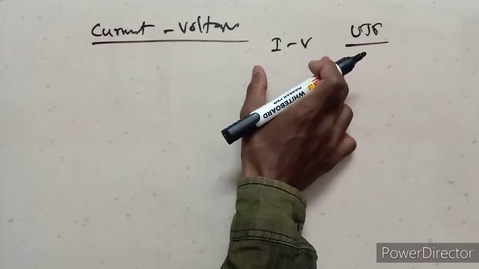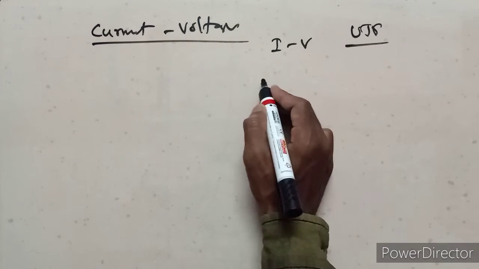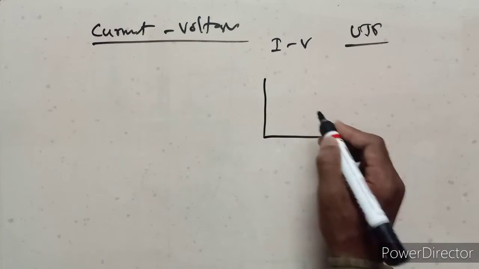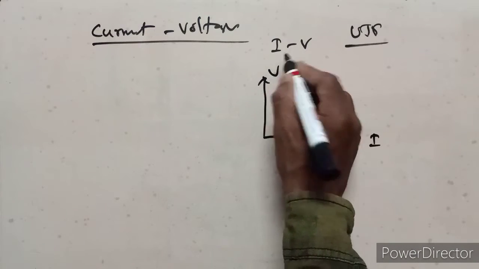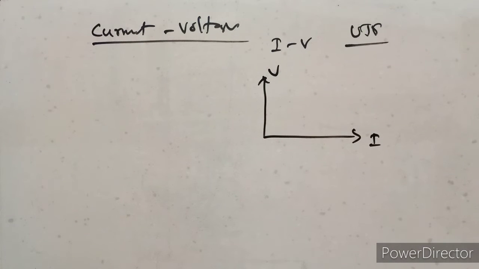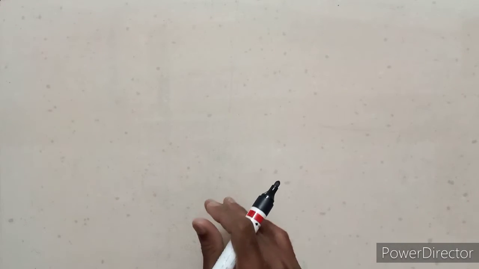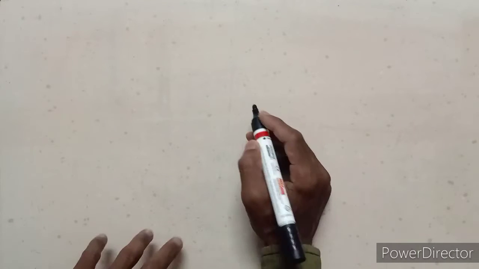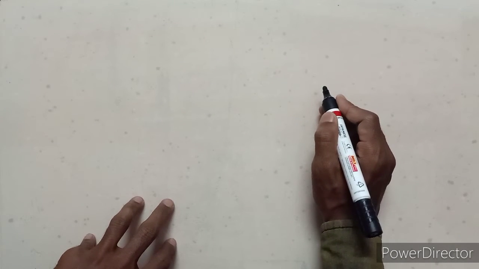So what do characteristics mean? The graph between current and voltage. So now we draw the graph between emitter current and emitter voltage.